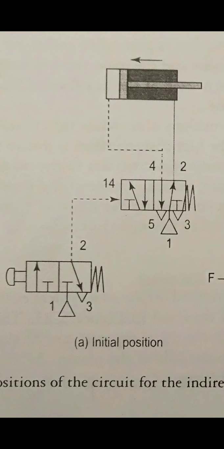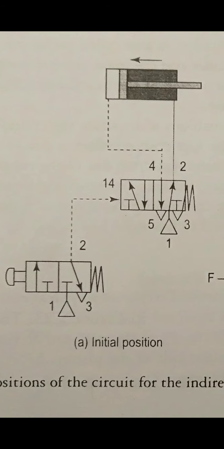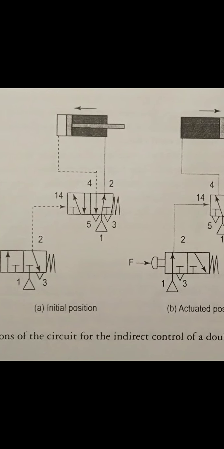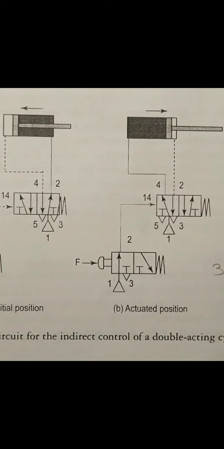So from the right side it is getting a thrust or push, so the piston moves towards the left, and the air on the left side of the piston will be exhausted through 4 and 5. So this is how this circuit works. It is the two position circuit for the indirect control of a double acting cylinder.